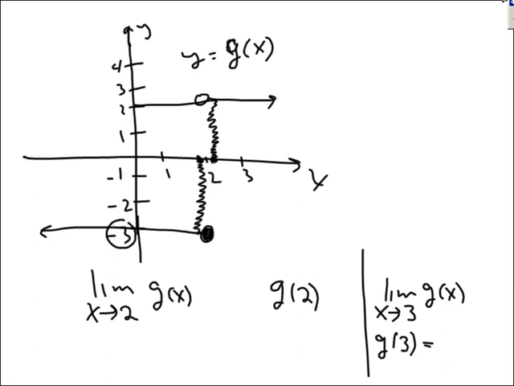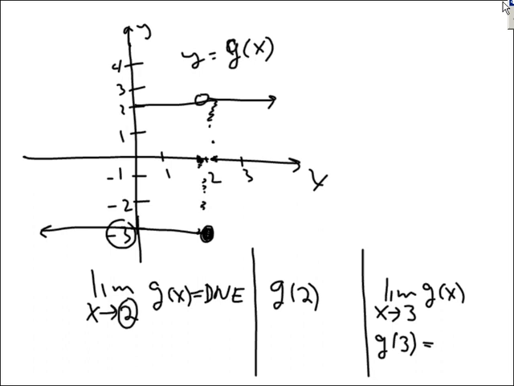If the left limit, when x is a little bit below 2, gives a different value than when x is a little bit above 2, the limit does not exist. D N E, does not exist. Okay, but what is g of 2? Well, that one's easy to figure out.